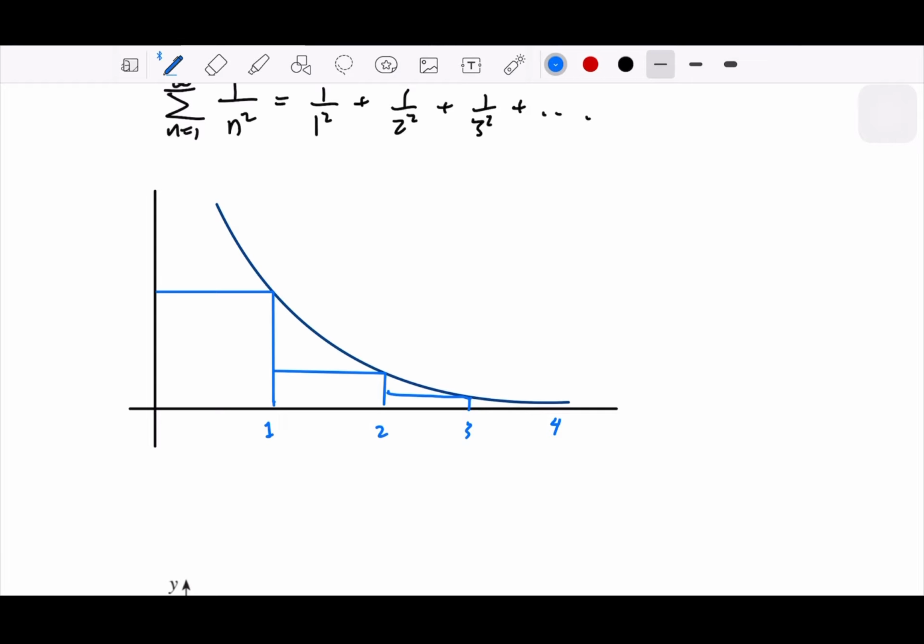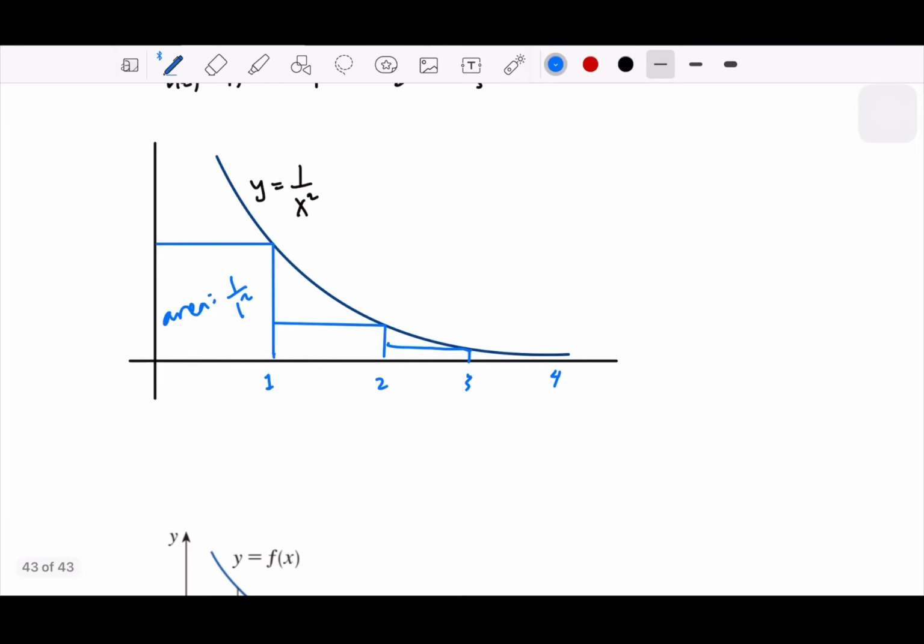We are looking at the area under the curve as 1 over 1 squared. Okay, this will be y equal 1 over x squared, and the next area will be 1 over 2 squared. This is 1 over 3 squared, and maybe this is 1 over 4 squared.